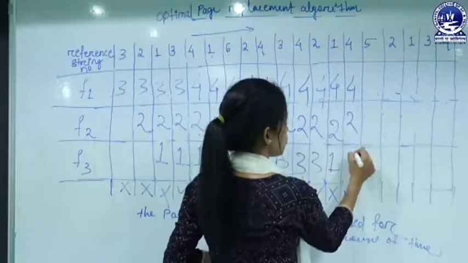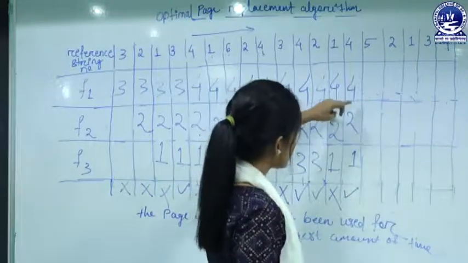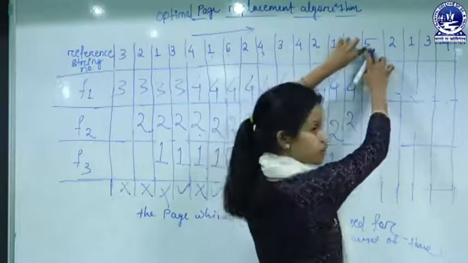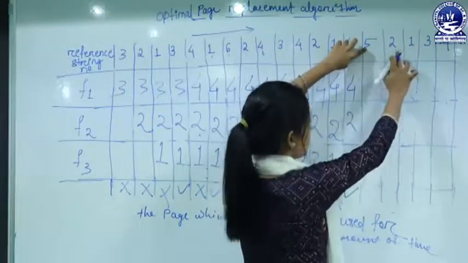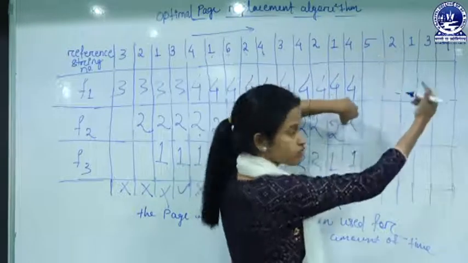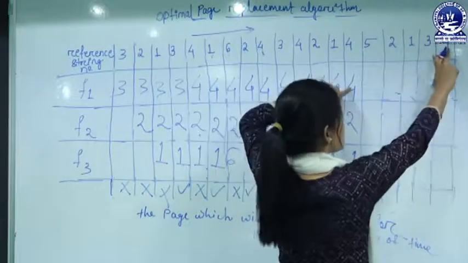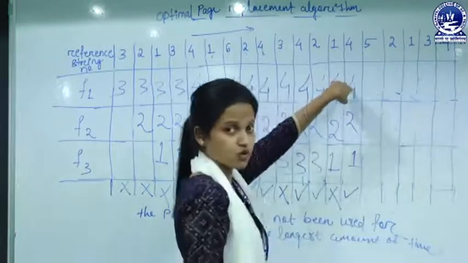4, 2, 1. Again 5 is not there. Fine. From 5, see that 2 will be used soonest in the future. Next is 1, and 4 is the rightmost corner.